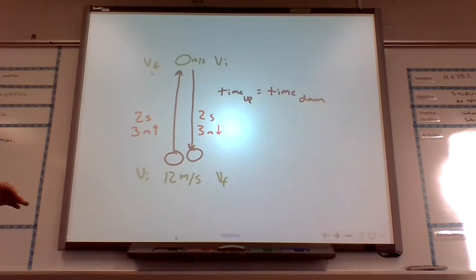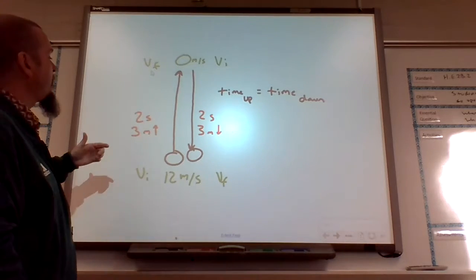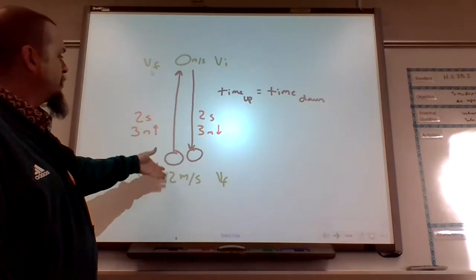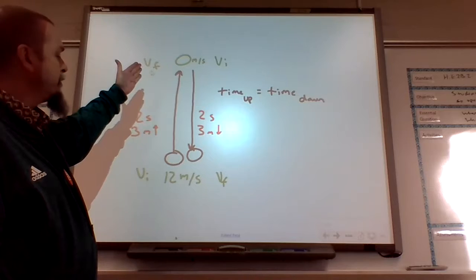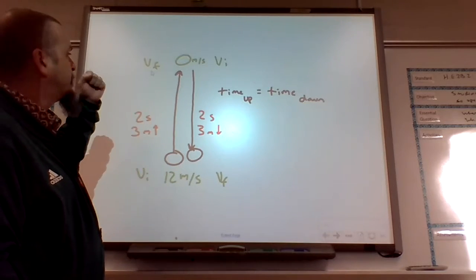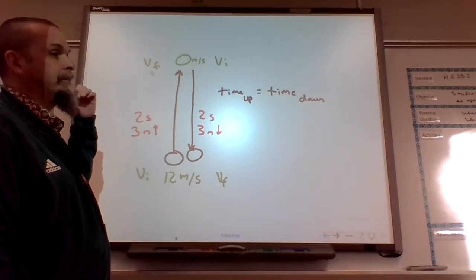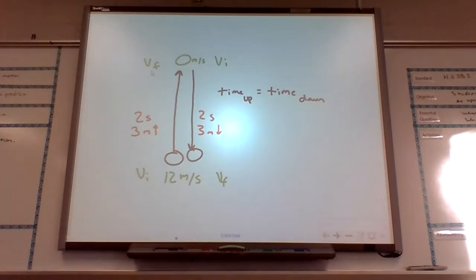The only thing you have to do in a situation like that is to split the time. So it says 4 seconds to take its complete journey. 2 seconds of that is the upward component. So you would use the 12 meters per second as your initial, the 0 meters per second as your final. You'd use 2 seconds as your time to figure out what the maximum height of that object was.